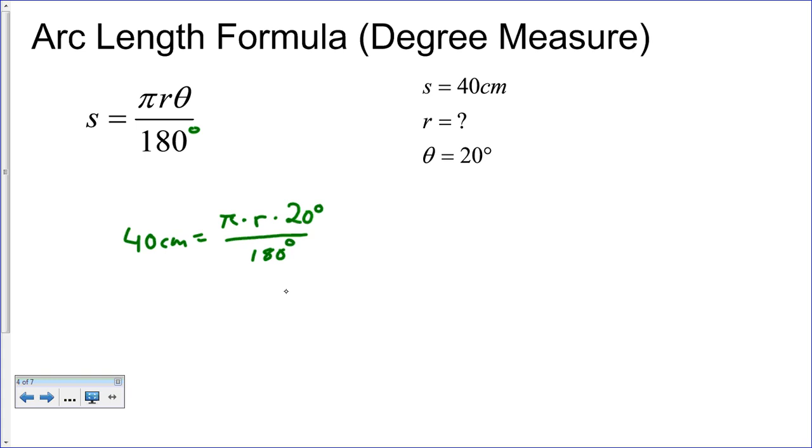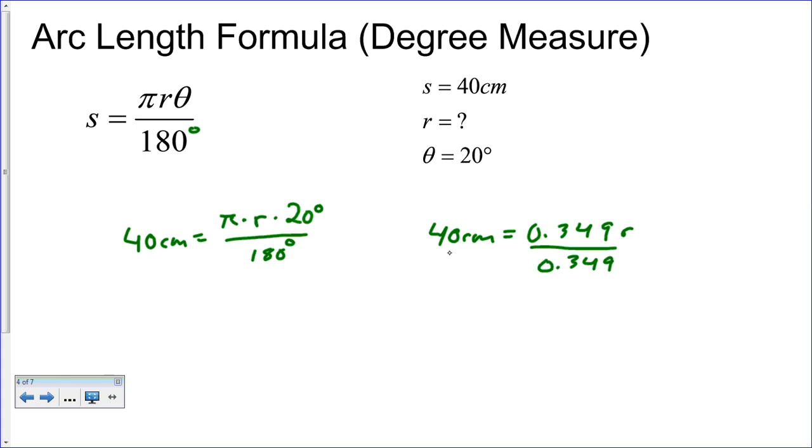All right, so to solve this, we need to figure out, well, what is all this stuff that's beside R? I would have 40 centimeters equals 20 pi over 180 times R. Okay, so I have 0.349 R. Now, just because I wrote that down, that's just so you can see what I got. I got a much longer decimal.